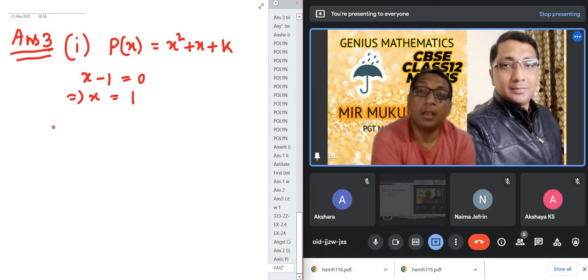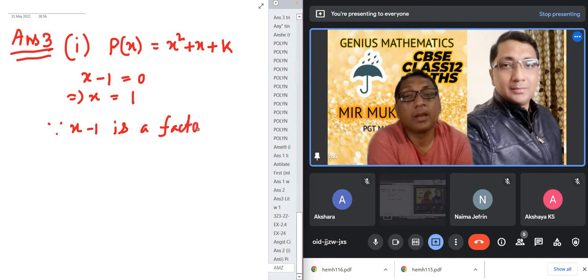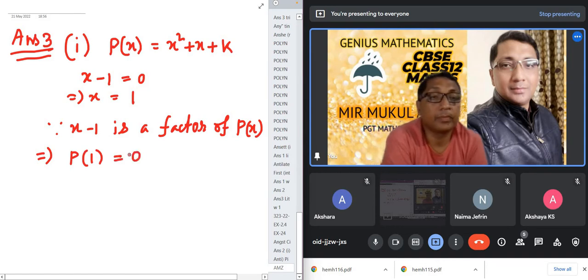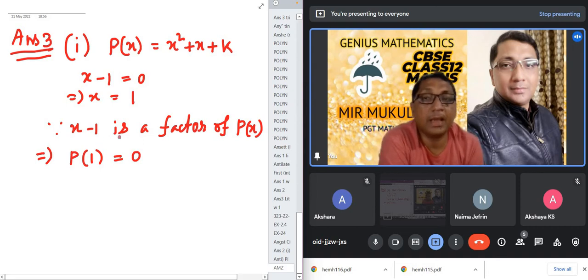Now x minus 1 is a factor of p(x). So we can say that p(1) equals 0. Okay, Naima, got this point? If x minus 1 is a factor of p(x), then p(1) equals 0. Is it clear?